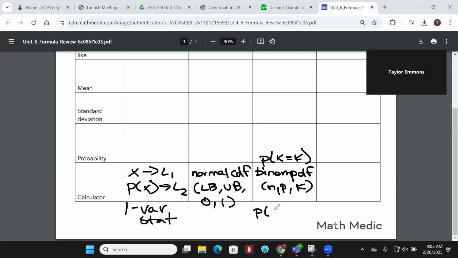CDF is when you're trying to find if it's less than a specific value. PDF is when it's exactly or precisely that number. We're trying to find like the probability that it's 5.